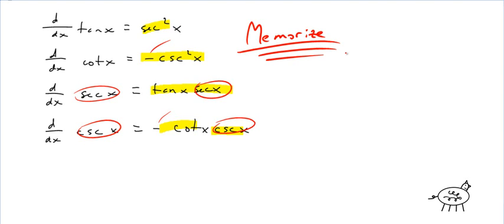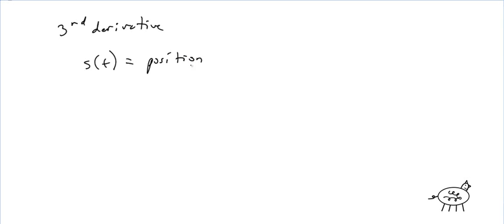Okay, the last thing I want to talk about is something called the third derivative. Well, we know we have s of t, that's position, and s prime of t is the velocity. That's the change in position.